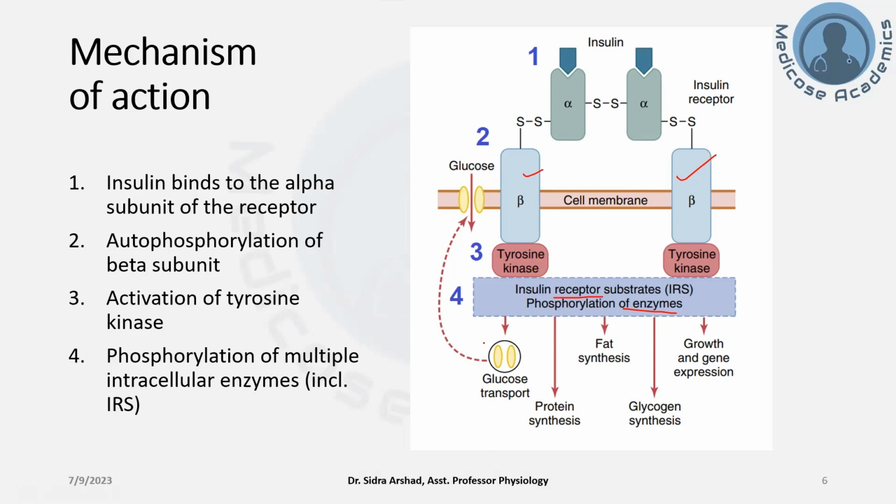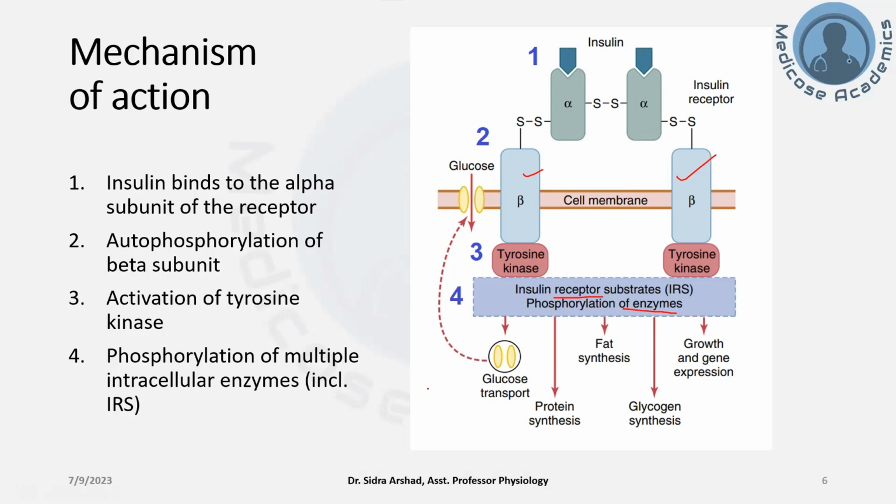How does it take place? When insulin acts on its receptors and tyrosine kinase is activated, insulin receptor substrates and phosphorylation of enzymes occur. It causes the translocation of specialized facilitative transporters into the cell membrane. Those transporters are known as glucose transporter 4.